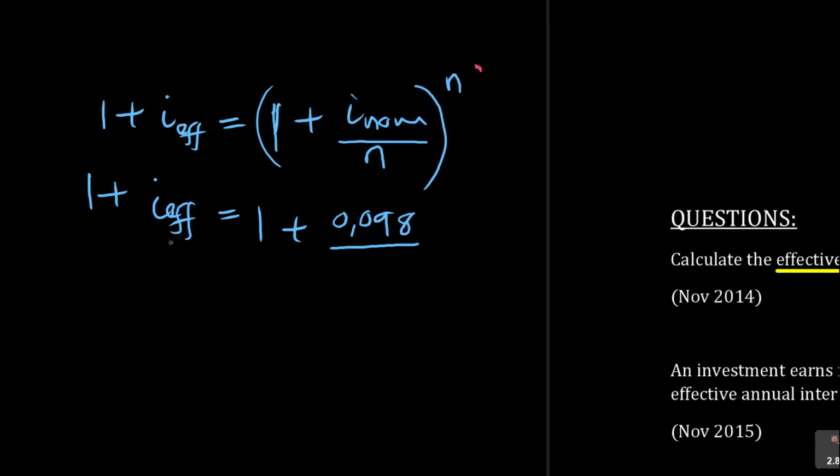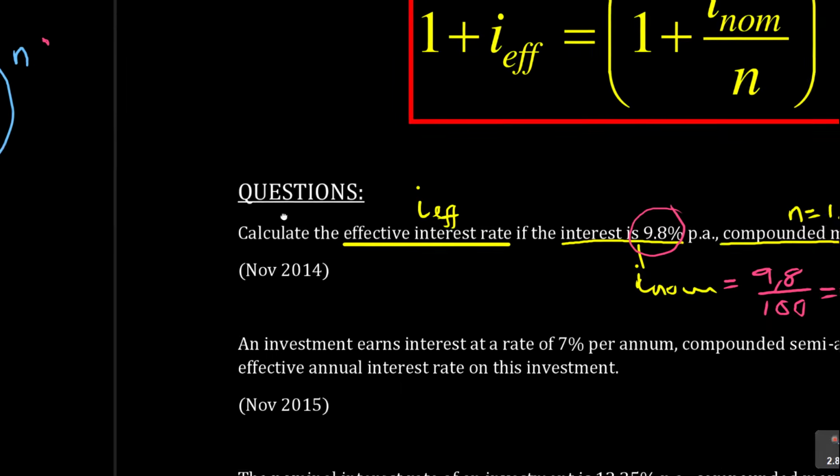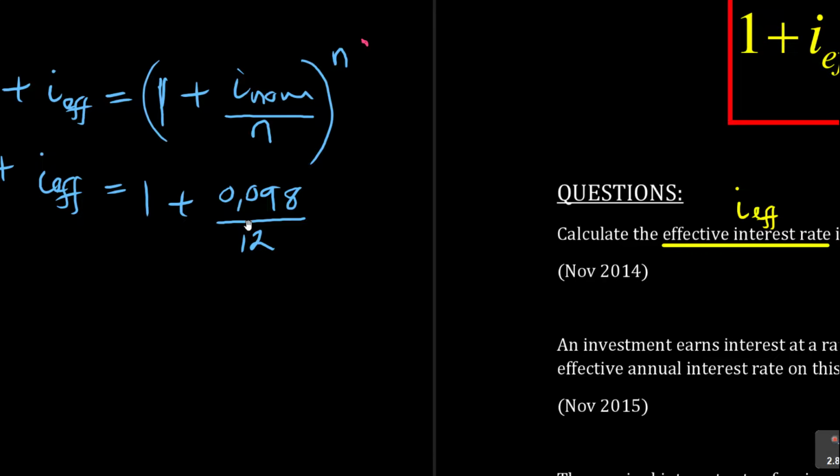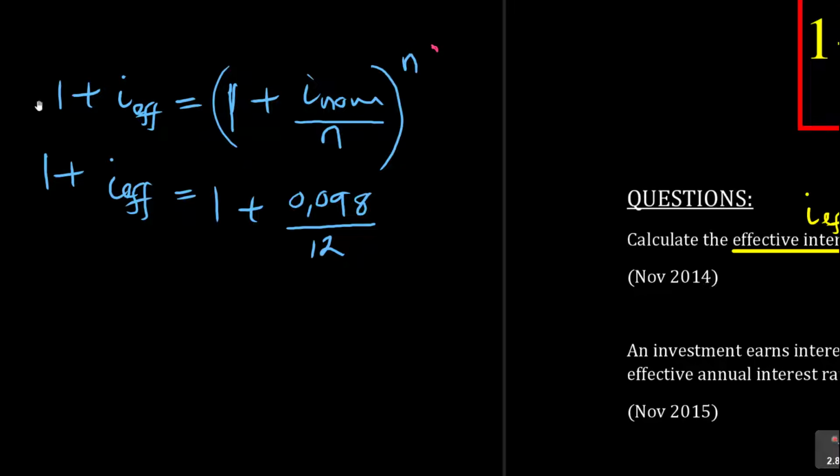Then the compounding, they say monthly, so you divide by n, which is equal to 12. So that n there is equal to 12, and the power is also going to be 12. Do you see what I just did? The main point was to divide by 100, and to understand the compounding so that I can change it. Is it quarterly, monthly, yearly, half yearly, whatever? So that's what you do.